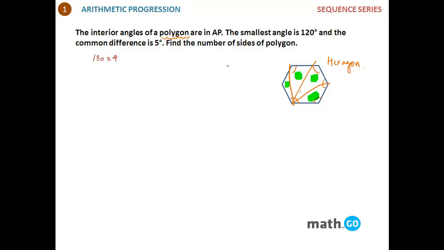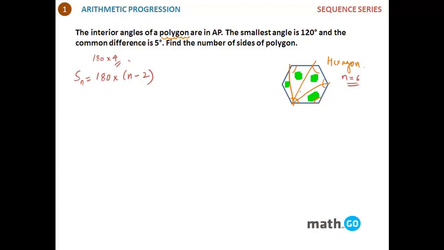Now if I have to draw an analogy so that we can derive the formula every time, in the hexagon n is equal to 6, where n means number of sides. What have you taken here? 4, right? So whenever you are asked the sum of interior angles of a polygon, the formula becomes 180 times n minus 2.